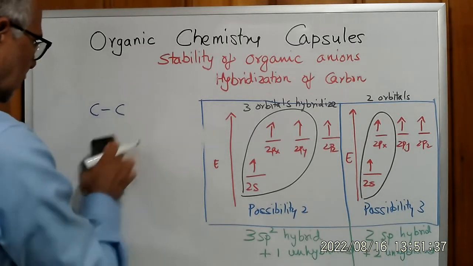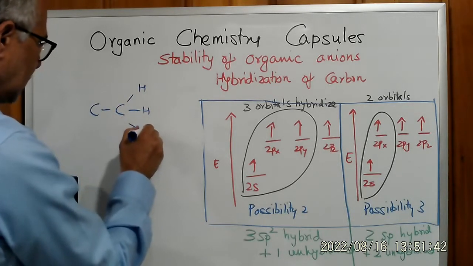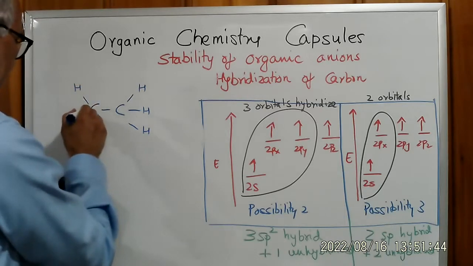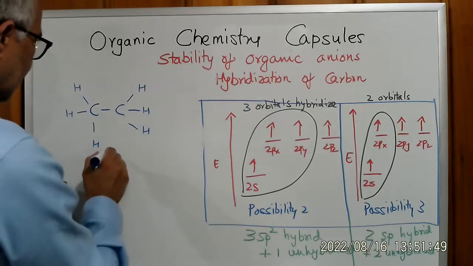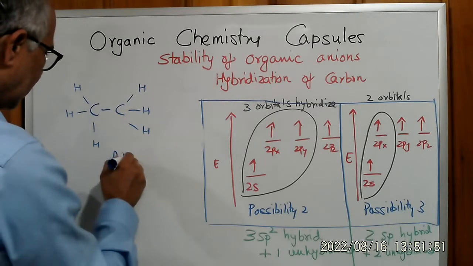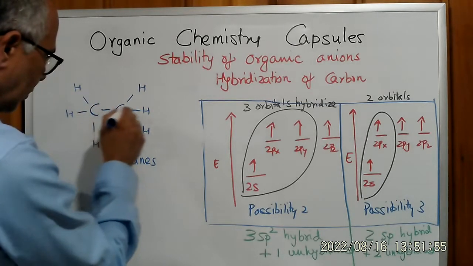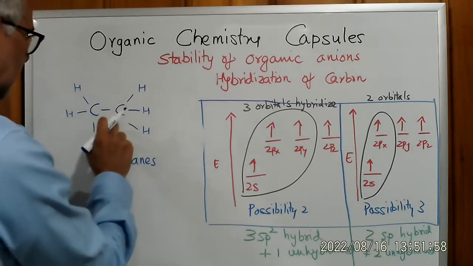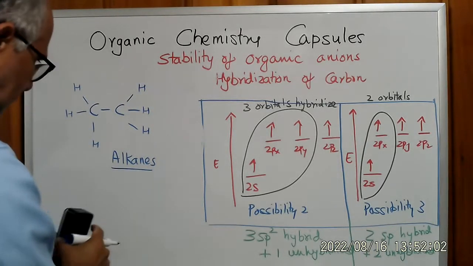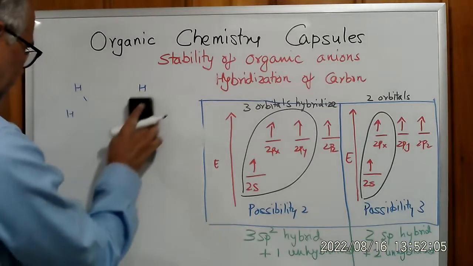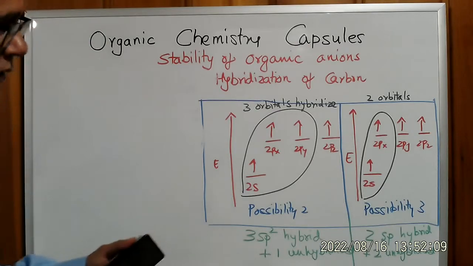When carbon is sp3 hybridized, it will form bonds like this. So you see, all of them are single bonds. And this class of compounds is called alkanes, organic compounds that have only carbon-carbon single bonds and carbon-hydrogen bonds are called alkanes.